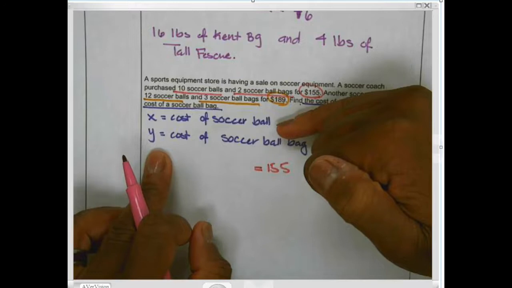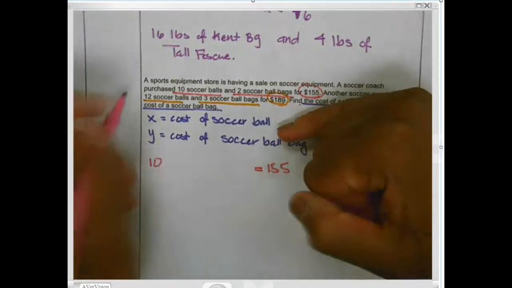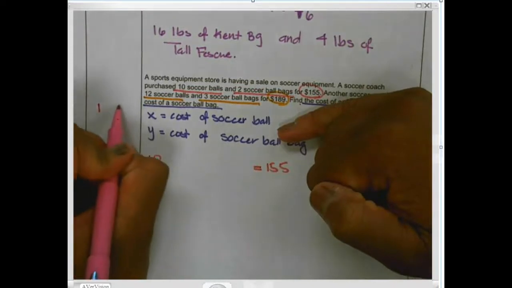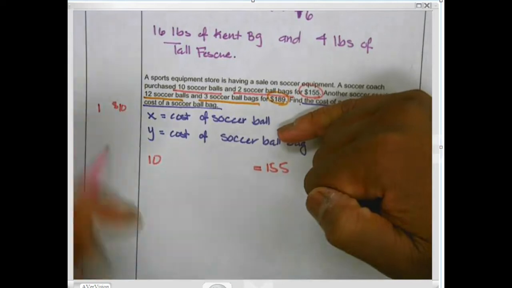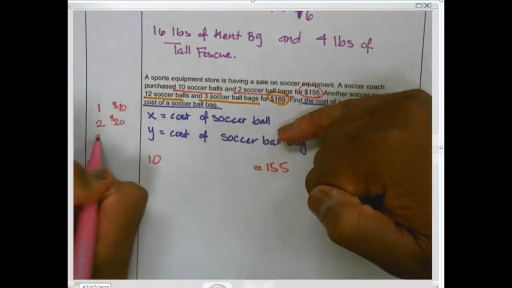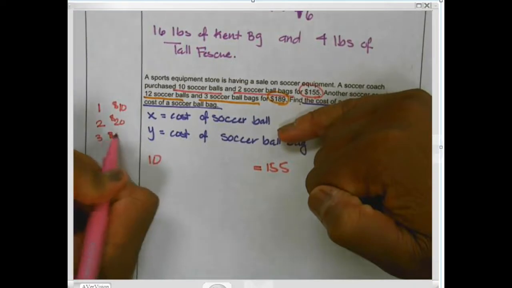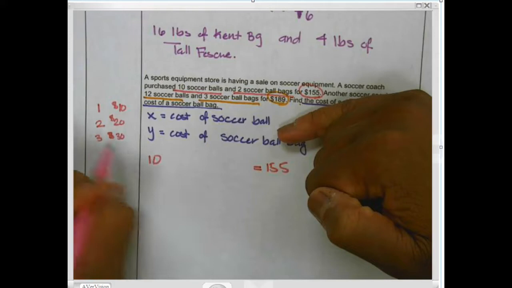If she bought 2 of them, it would cost $20. Let's chart that. One would be $10, if she bought 2, they'd be $20. If she bought 3, they'd be $30. But she didn't. She bought 10. So it's 10 times however much they are.